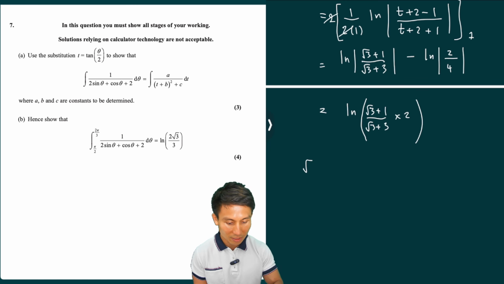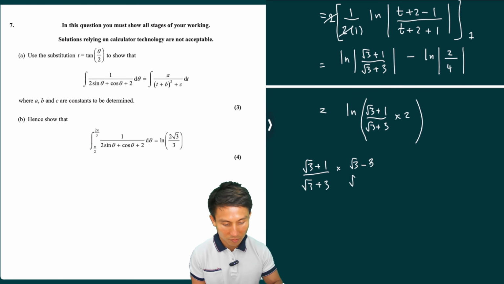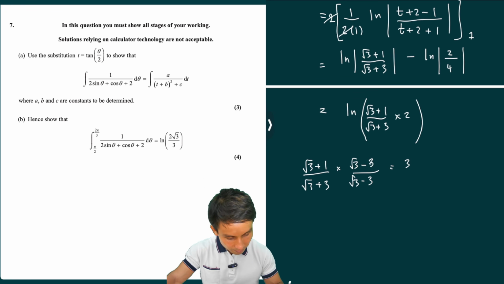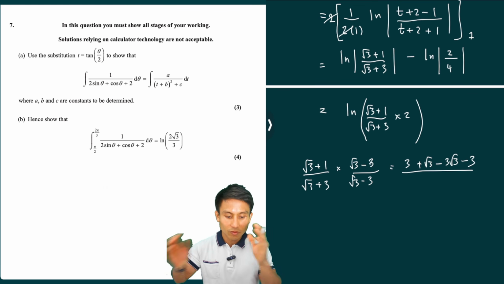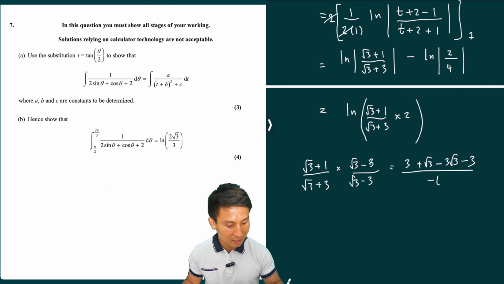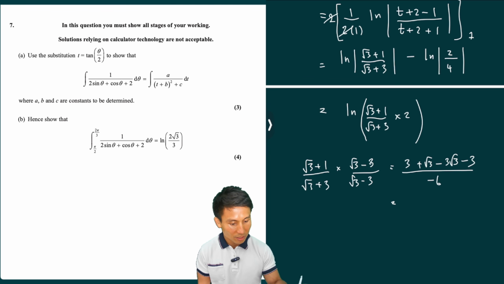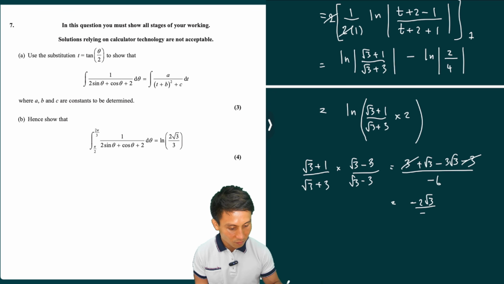And now we will probably have to rationalize that. So if we rationalize just the fraction there, see what we get. Root 3 minus 3, root 3 minus 3. So we're going to get 3 plus root 3 minus 3 root 3 minus 3, divided by 3 minus 9, that's minus 6. The 3 goes away, and then we have minus 2 root 3 over minus 6.